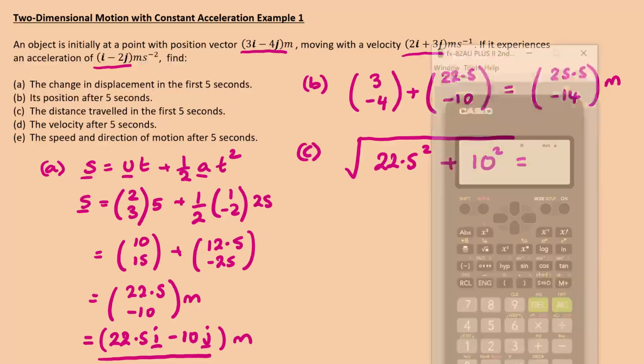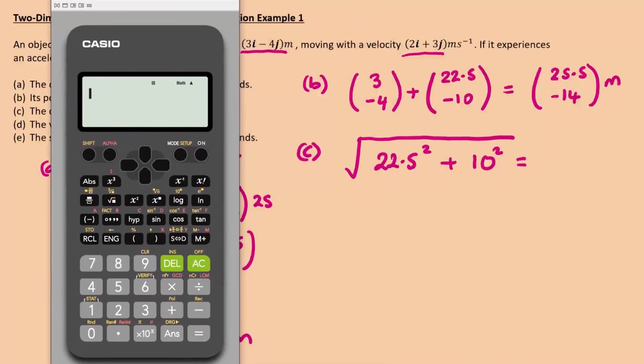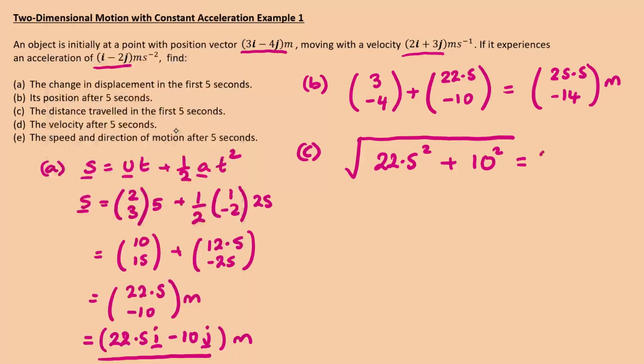So we're going to calculate that. So we have the square root of 22.5 squared, add 10 squared, and that's 24.6 meters, correct to 1 decimal place.